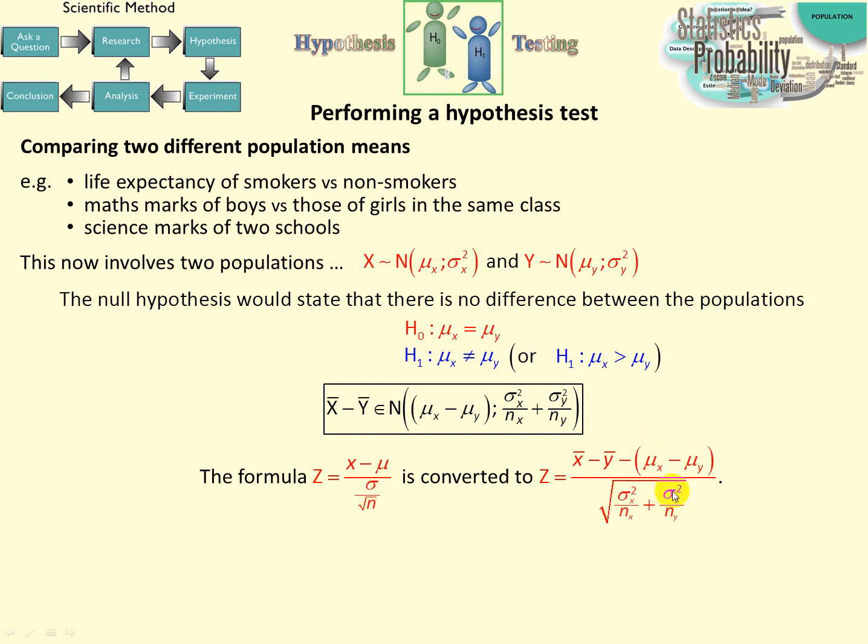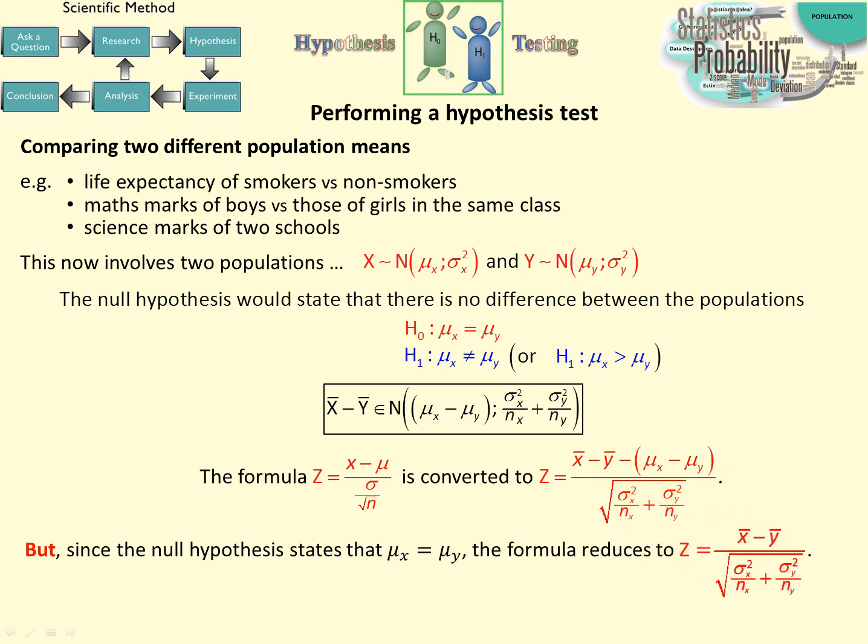Here now we've got the square root of, and we've got the variance over n because we can't square root because of the plus sign between. But because the null hypothesis says mu x equals mu y, we can actually remove that, because that's naught. And there's our formula.